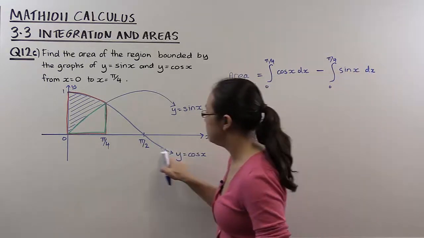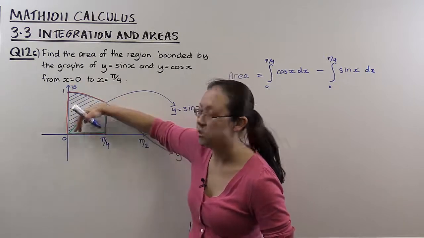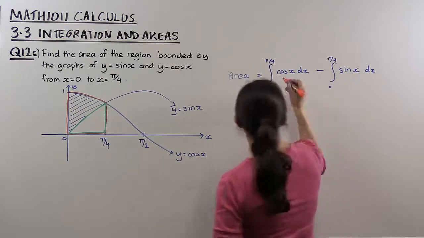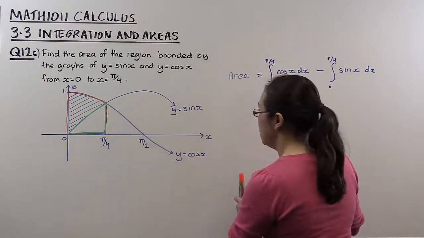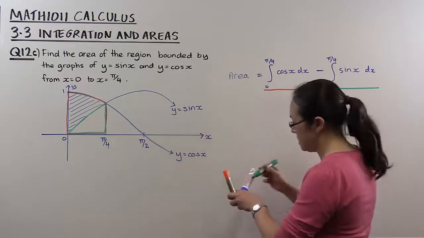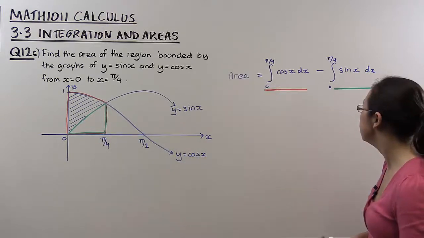Notice that the cos of x graph was on the top and the sine of x graph was on the bottom here. So I'll just color code that. This is the orange region here and this is the green region here. So the total area that we're after is the difference of these.